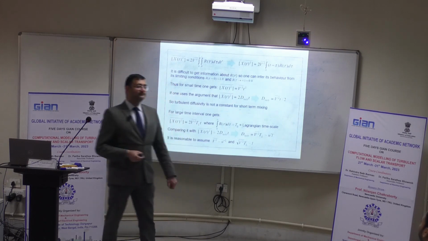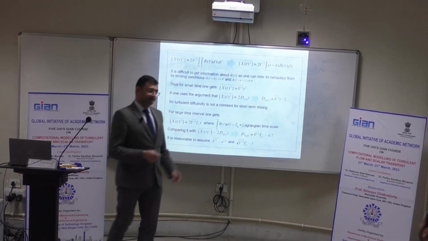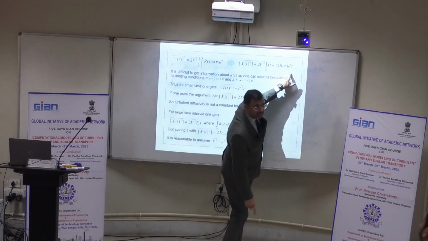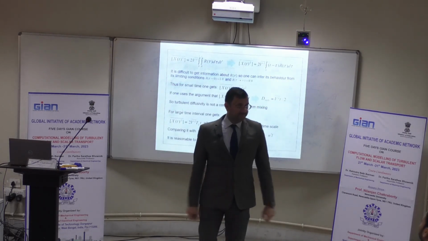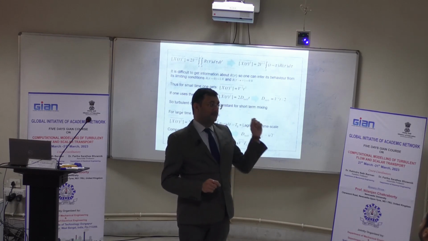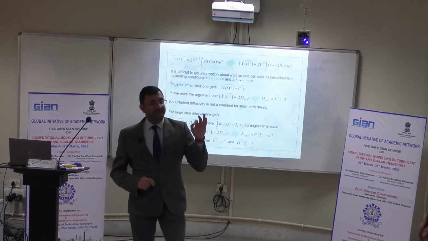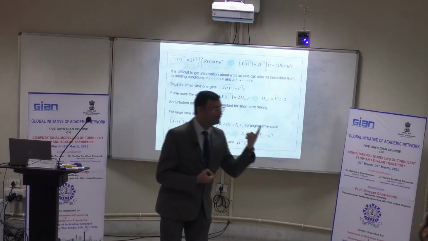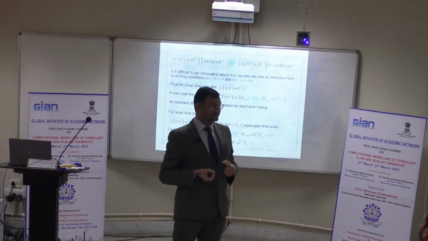But let's consider when tau is 0, tau is the time difference. When the time difference is 0, the correlation coefficient is going to be 1 because that's perfectly correlated, isn't it?